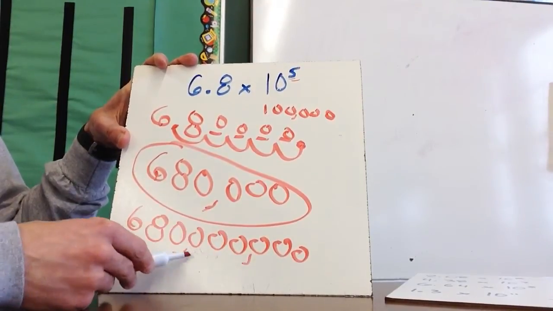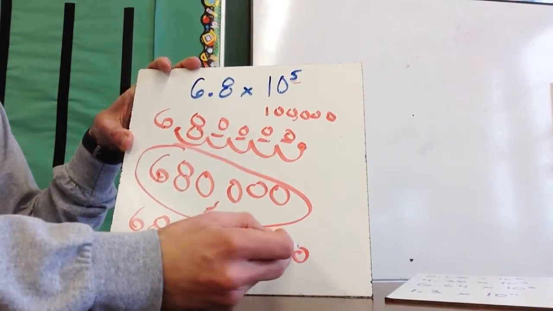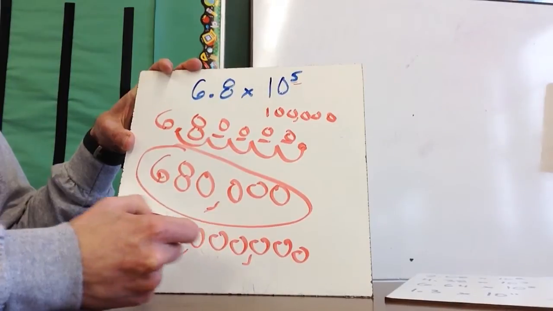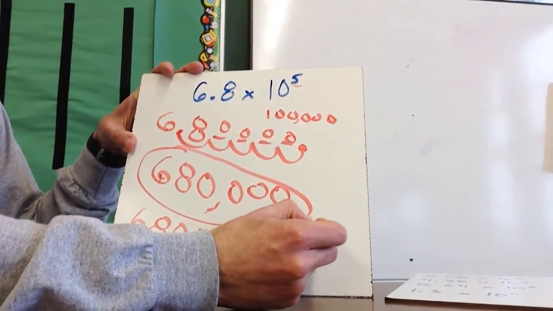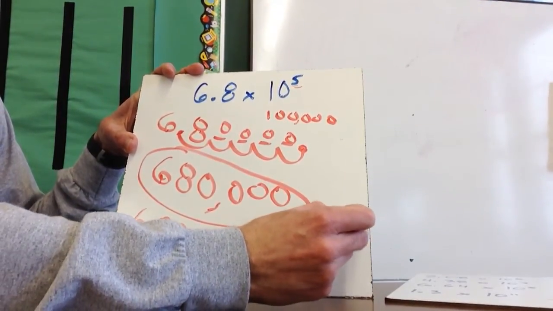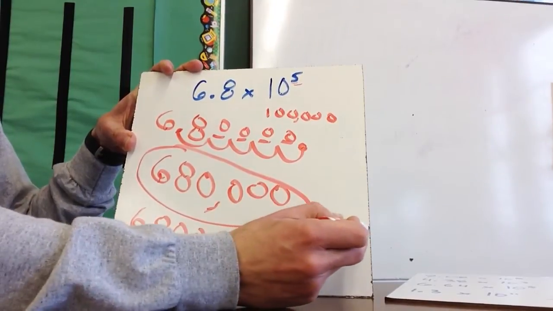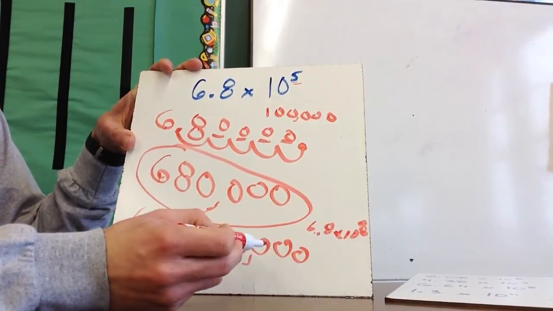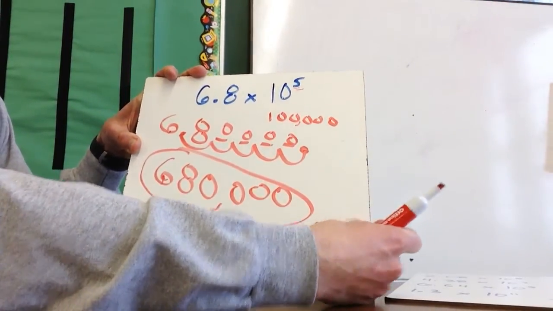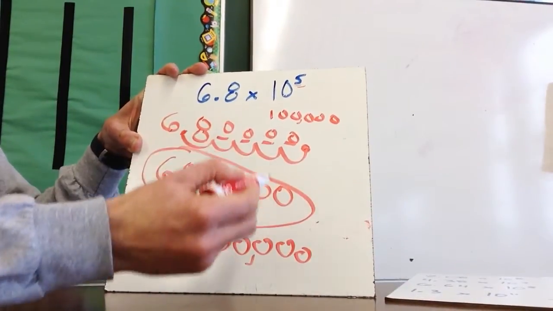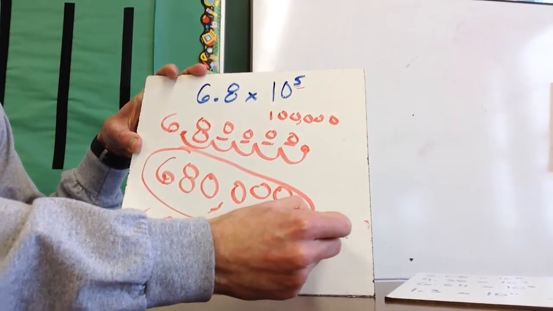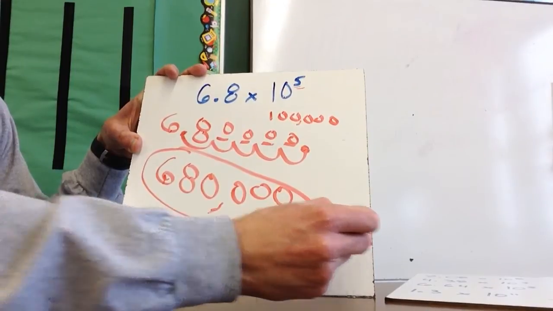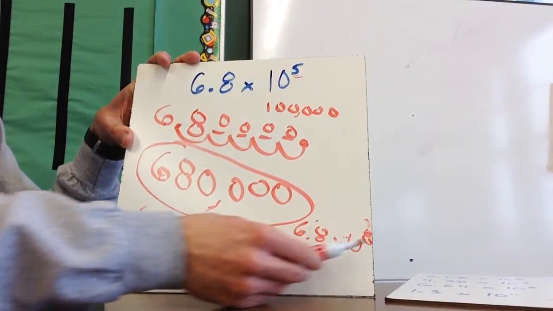This would be 6.8 times 10 to the 8th. Sorry, I know it's not a very good 8. Even though this is 6.8 times 10 to the 8th, and this is 6.8 times 10 to the 5th, you'll notice the 6.8 is the same. The difference is the exponent.